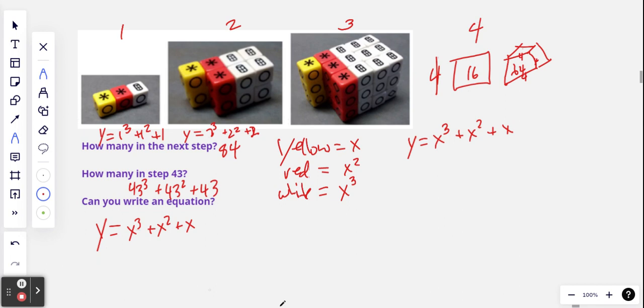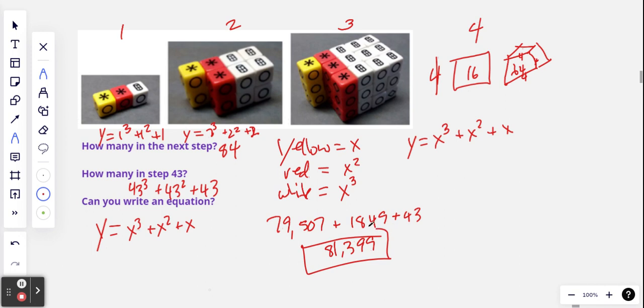Let's see, I'm going to use my calculator here. Looks like 43 cubed is 79,507, and 43 squared is 1849, and then we have 43. If we add all that together, it looks like we're getting 81,399 dice in step 43.